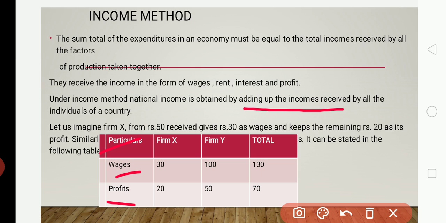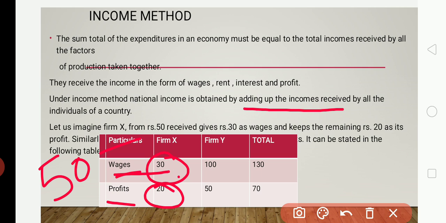See, this firm X receives the income of 50 and gives 30 as wages, and keeps the remaining 20 as profit. Totally, for some product it got rupees 50. In that it pays the wages of 30 and it keeps 20 as profit.